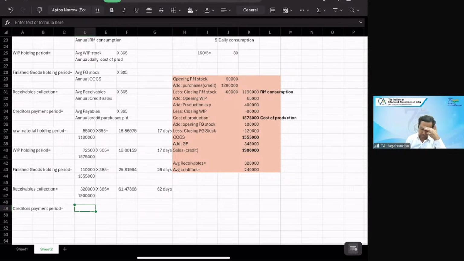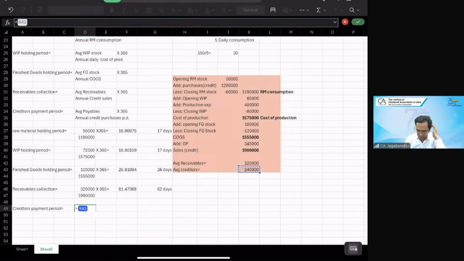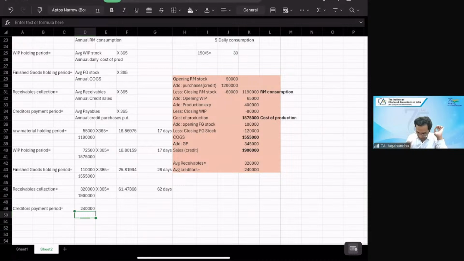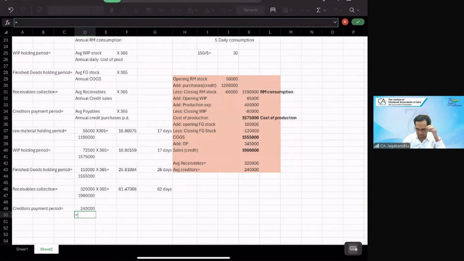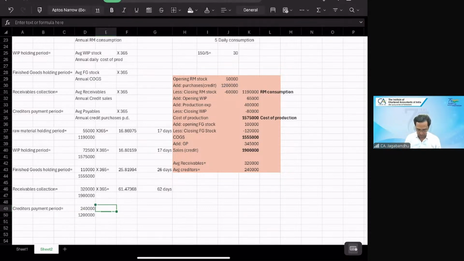For the creditors payment period, we have the average creditors upon average credit purchases, which will be this number, and then again into 365. So this is 73 days. So we got all of them.